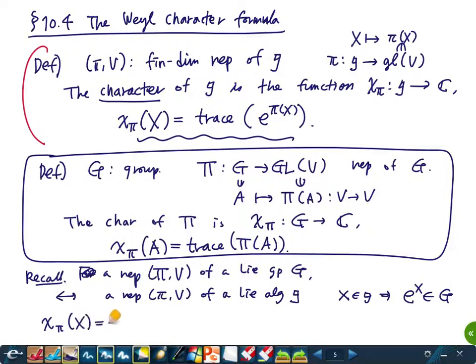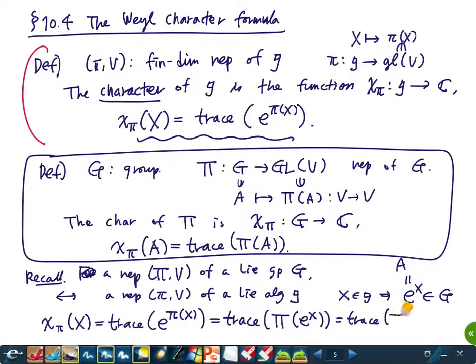So let's look at the definition and what happens. This, by definition, is the trace of e to the pi of x. But if you remember, this is equal to capital pi of e to the x. We learned this in chapter 4. If you have this correspondence, e to the pi of x is capital pi of e to the x. But now, because this is an element in G, let's write this as A. Then this is the trace of pi of A, the usual trace of the operator.